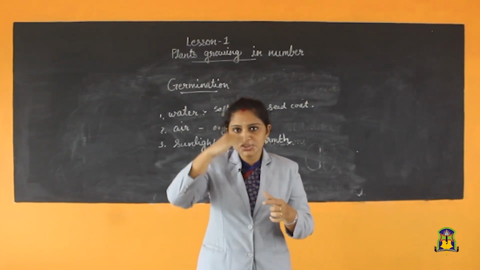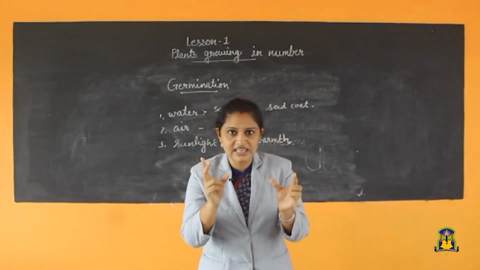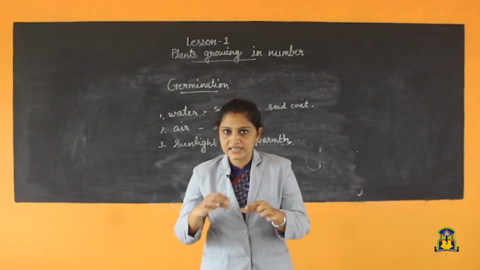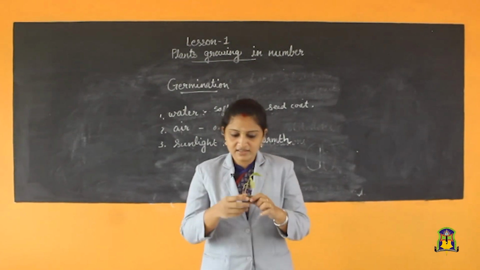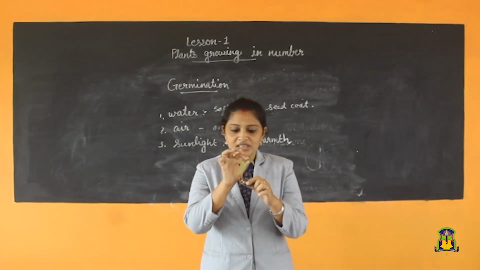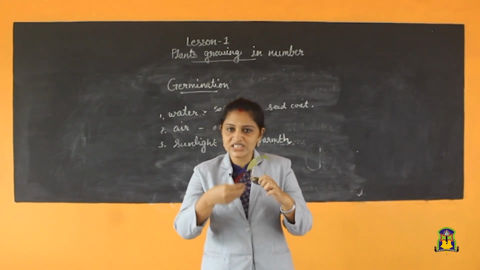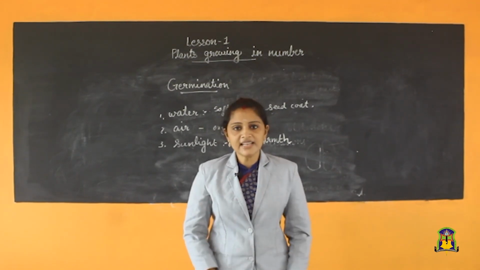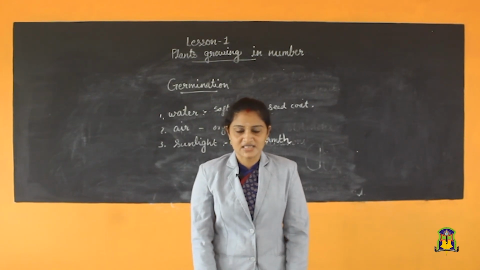Now the baby shoot is there, two tiny leaves are produced, and the baby root will go downwards and tiny roots also will form. So look here, we can see two small leaves, and here small roots also. It will go downward into the soil, and then it will form a young plant.